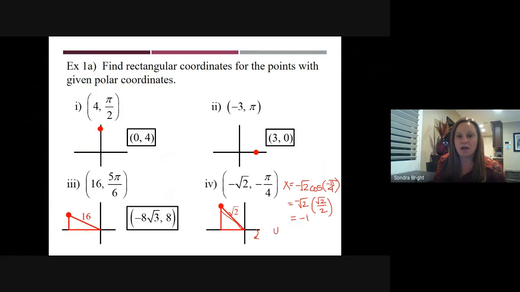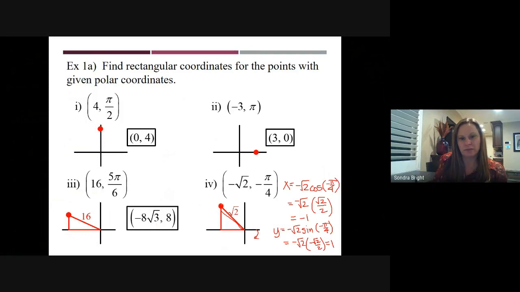And then your y is r times sine of negative pi over 4. And that'll give you a negative rad 2 times sine would be negative. And so that'll give you a positive 1. So my coordinate should be negative 1 comma positive 1.